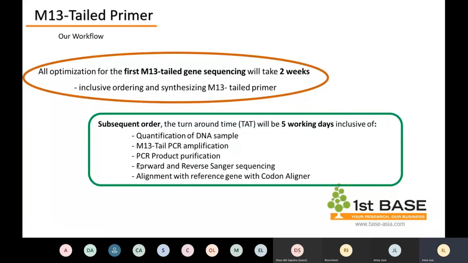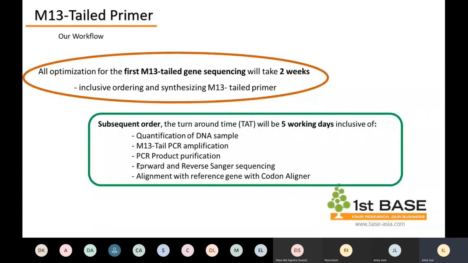So what is our workflow? For optimization, which means the first time you are getting the service with us, we will take at least 2 weeks inclusive to order and synthesize the M13 primer. This M13 primer will be synthesized with your target gene.